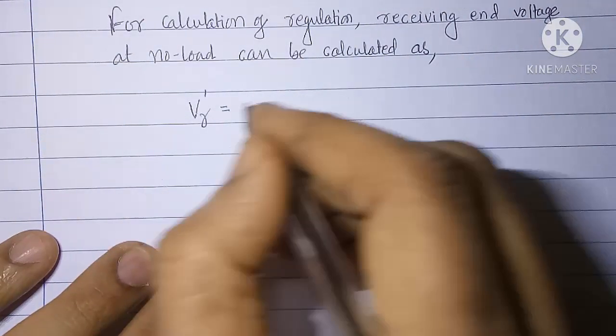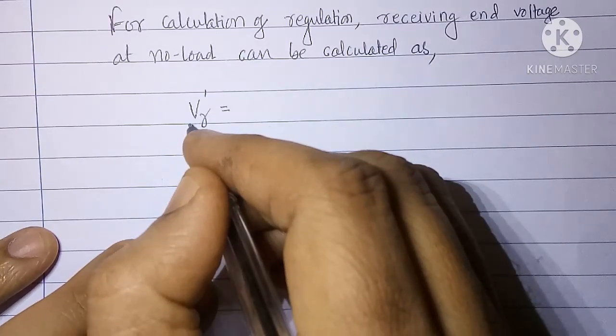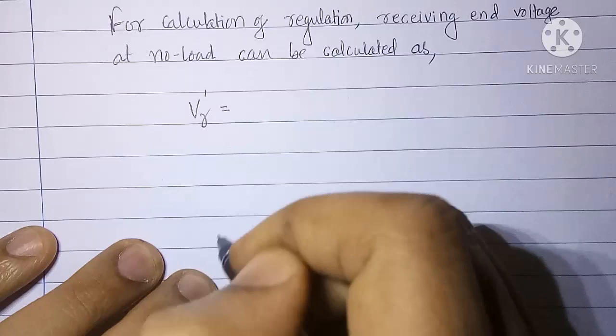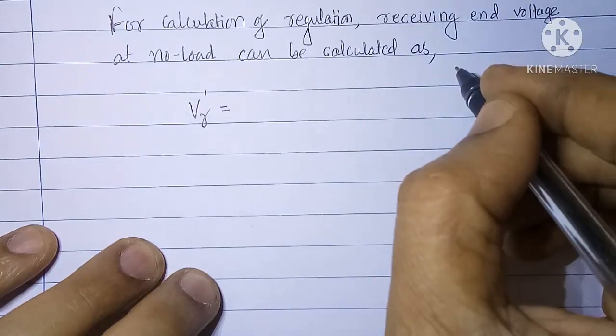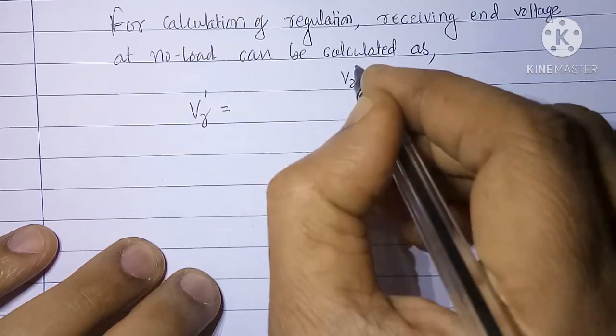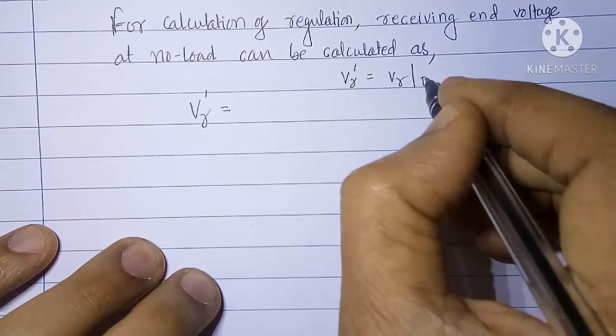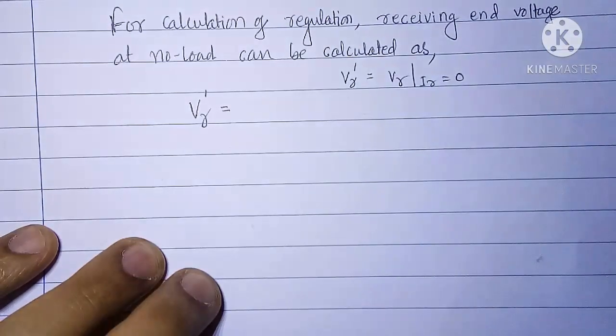So VR dash, that is VR at IR equal to 0, is the no load receiving end voltage.